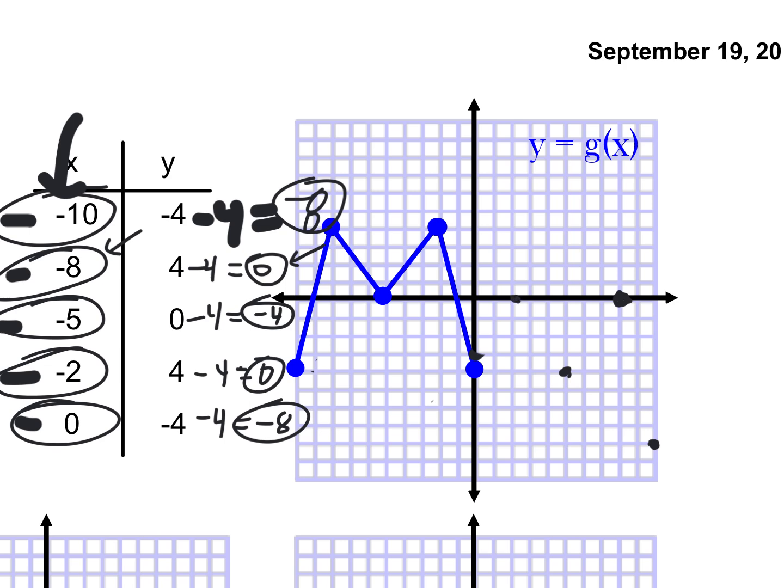And then we got 0, -8. And if I connect all my dots, that's how you do it. So you take the parent points, you do the right thing to them, and then you graph your results. And that feels like it's been flipped and moved down, and that's what it should feel like.